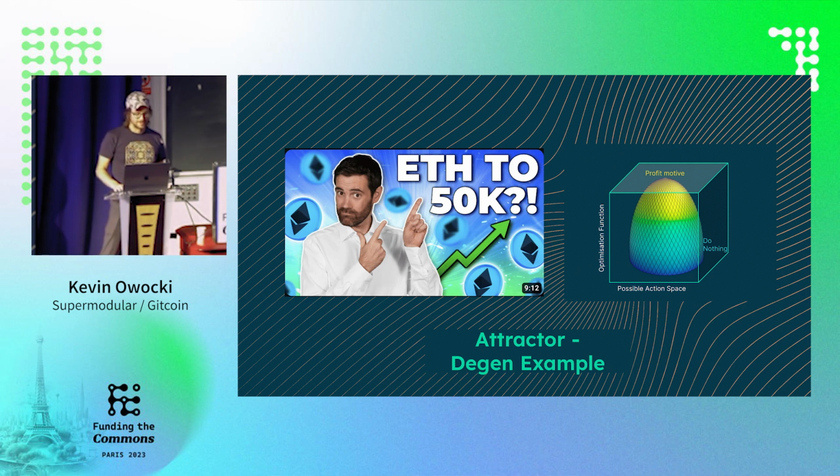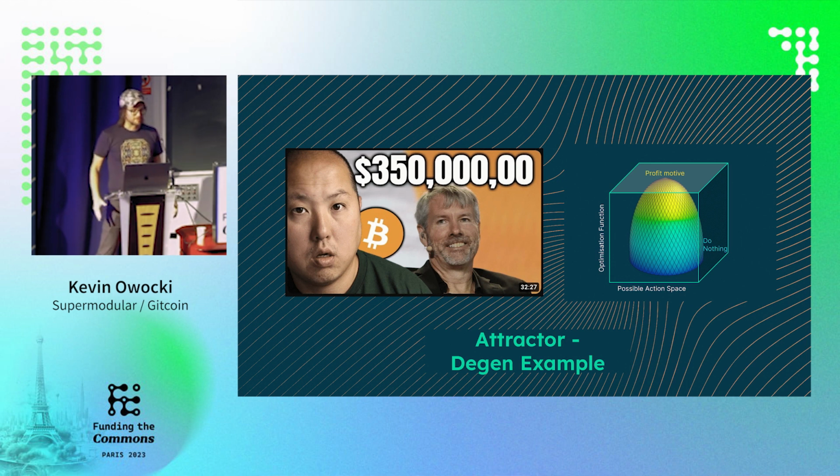And I think it's just funny how the algorithm has optimized people for these clickbaity videos. But it's also the narrative behind the video, right? The narrative that you might hear about Michael Saylor is that he's a really successful CEO and he's buying Bitcoin. What does he know that I don't know? That's the psychological attractor that is a degen example of an attractor.